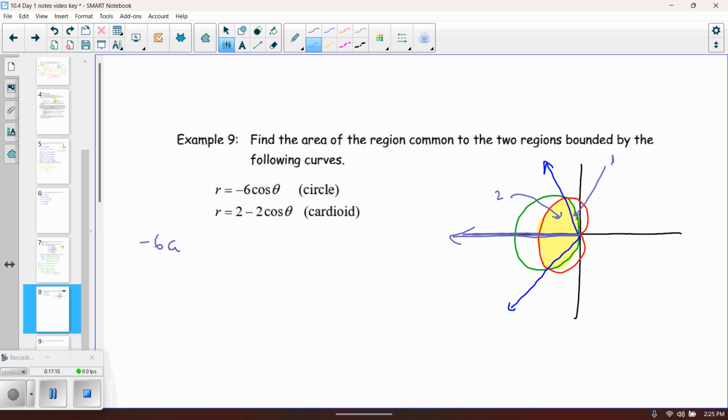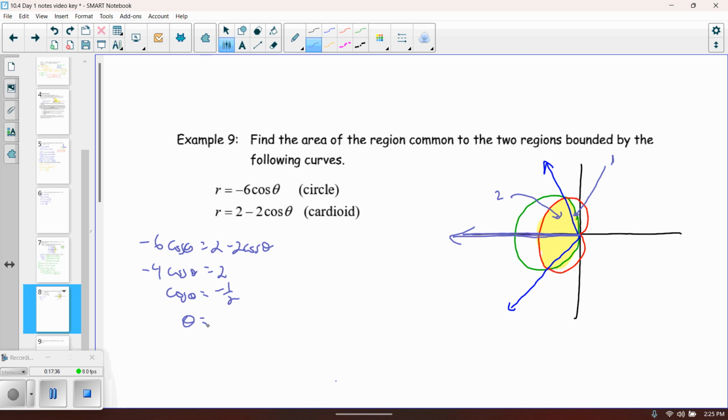So we'll have -6 cosine of theta equals 2 minus 2 cosine of theta. If we add 2 cosine of theta to both sides, we'll get -4 cosine of theta equals 2, dividing by -4, cosine of theta equals -1/2.